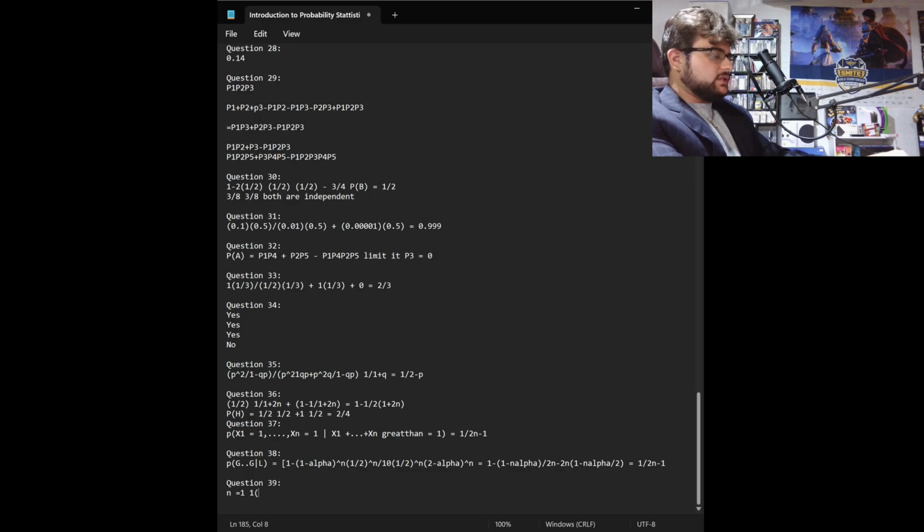If your professor says n is 1, you can go like this, and you say it's 1/2. If n is 2, then still just as easy, just a little more involved.